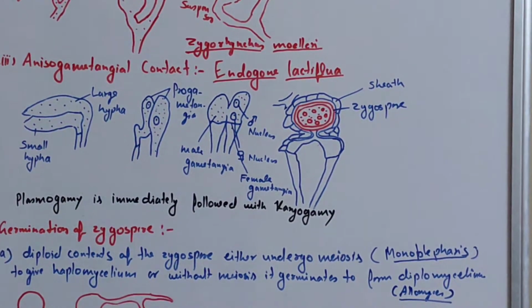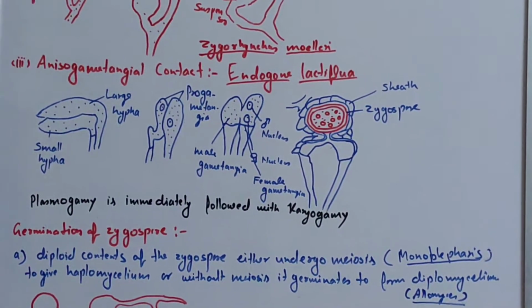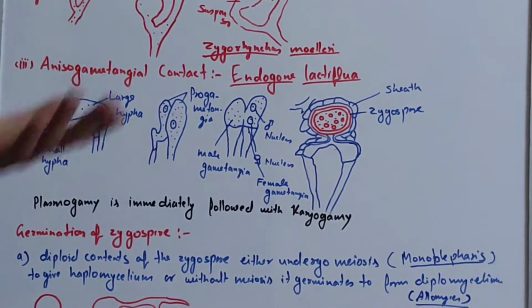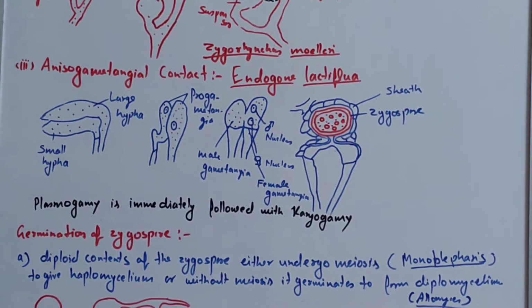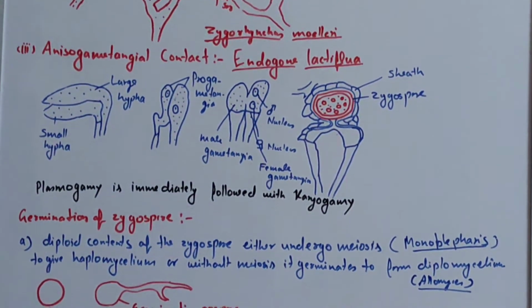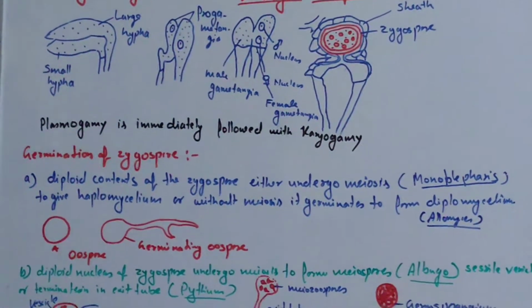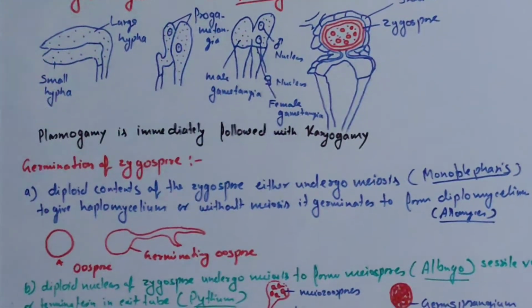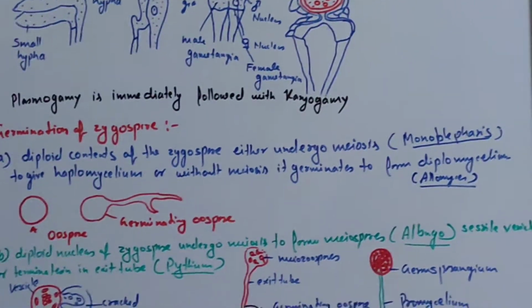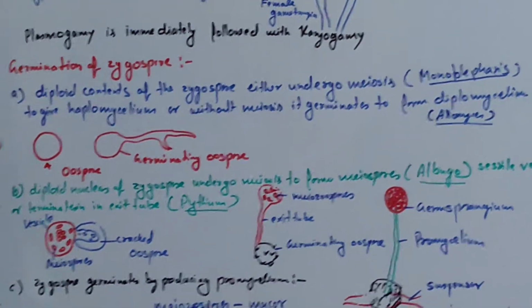Now, after karyogamy, there is formation of the zygospore. On getting favorable conditions, the zygospore germinates. The germination of the zygospore among the Phycomycetes fungi is of three different types.